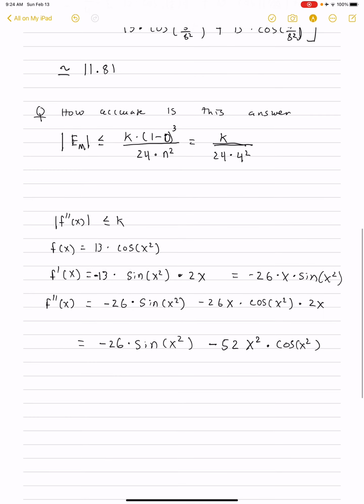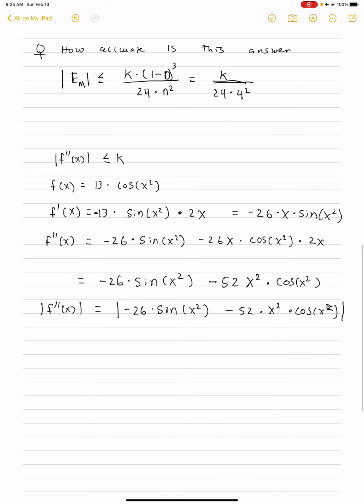Well, for the absolute value of f double prime of x, we need to find something that this is less than or equal to. This is equal to minus 26 times sine of x squared minus 52 times x squared times cosine of x squared.